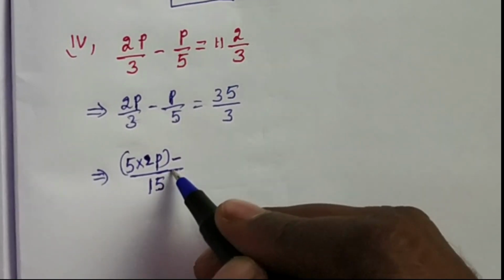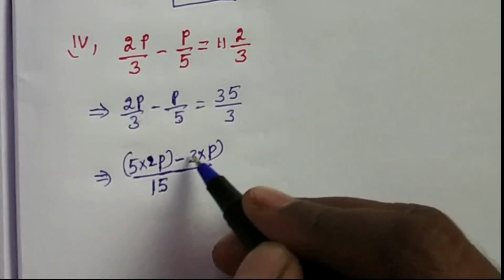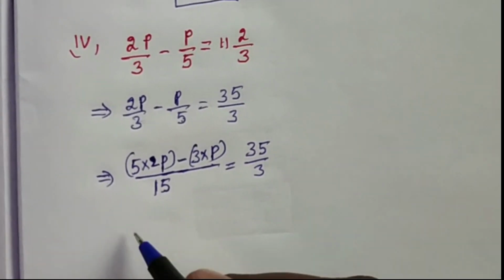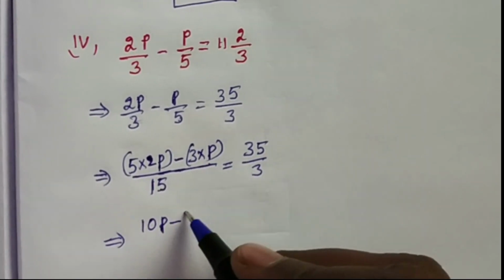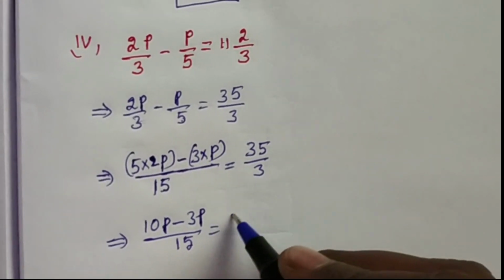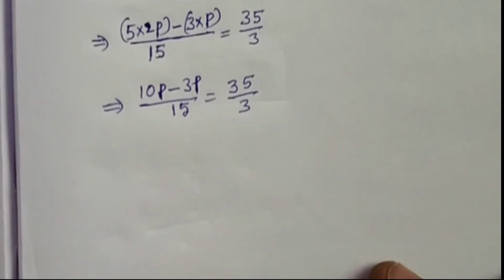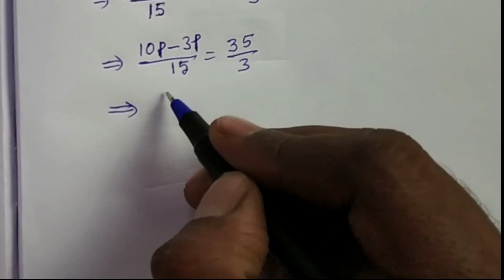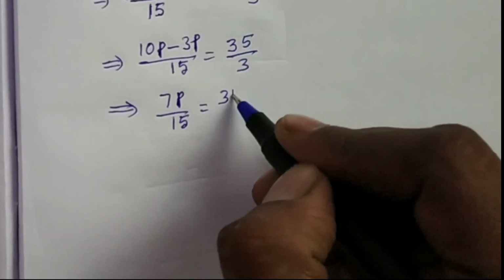Minus, here the symbol is minus. 5 in 15, 3 times will cancel, 3 into p, that is equals to 35 by 3. 5 into 2, 10, 10p, minus 3 into p, 3p, by 15 is equals to 35 by 3. 10p minus 3p is 7p by 15 is equals to 35 by 3.